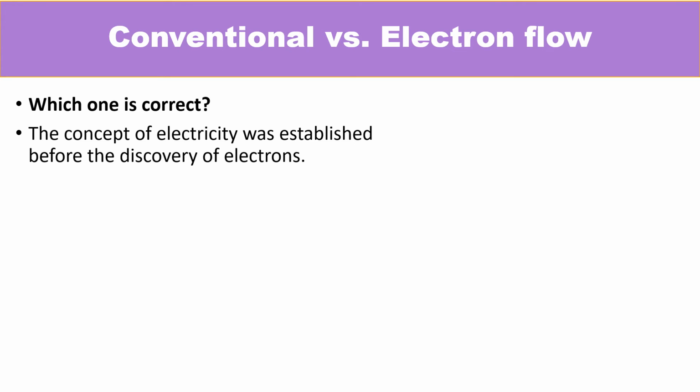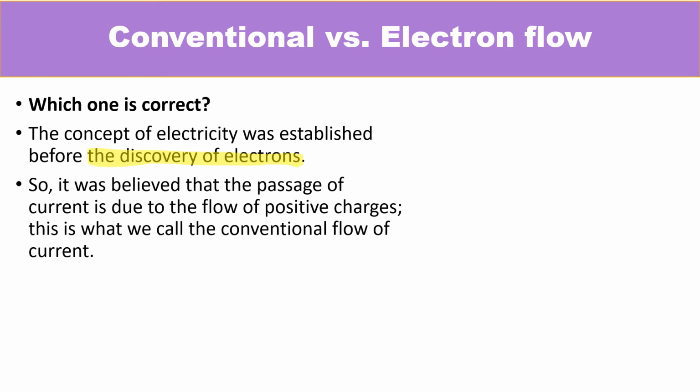The concept of electricity was basically established before the discovery of the electron. Therefore, it was believed that the passage of current is due to flow of positive charge back then. That's the only reason why conventional flow of current is being discussed.